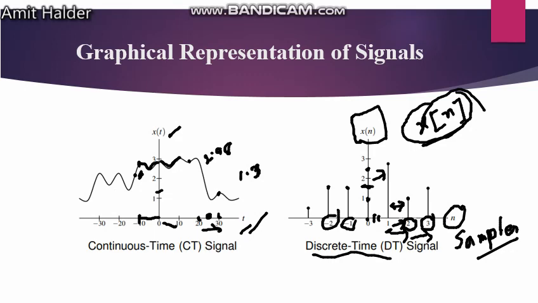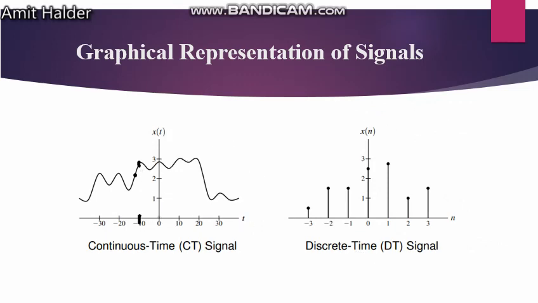So my dear students, now I think I am able to give you some knowledge about continuous time signal and discrete time signal. For your kind information and better understanding, I am repeating this thing again.